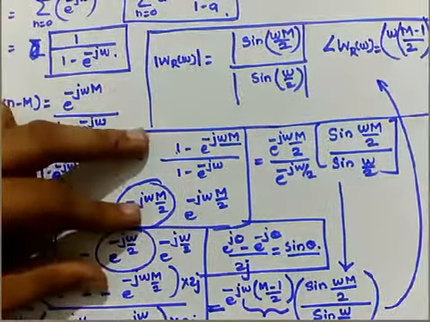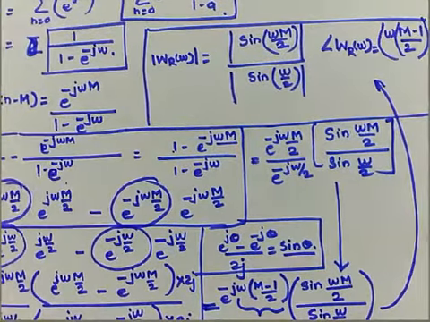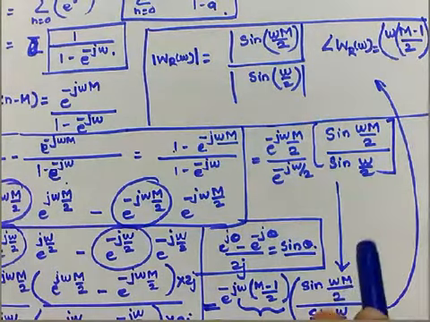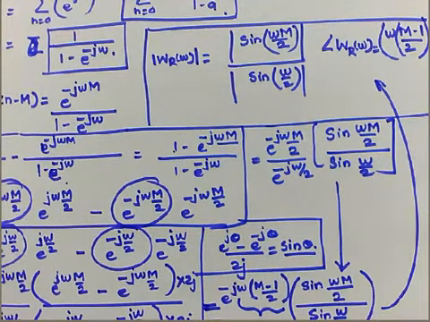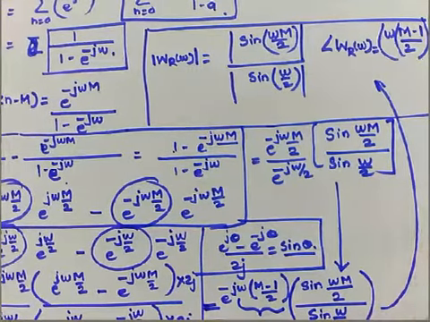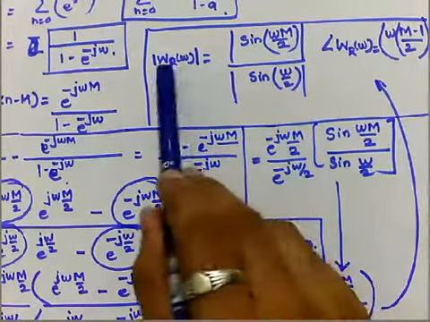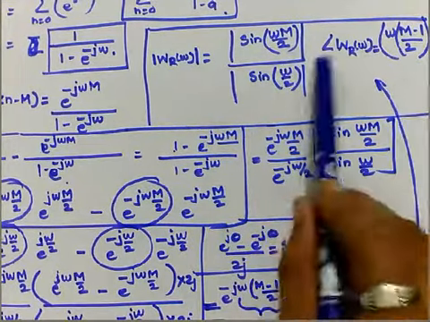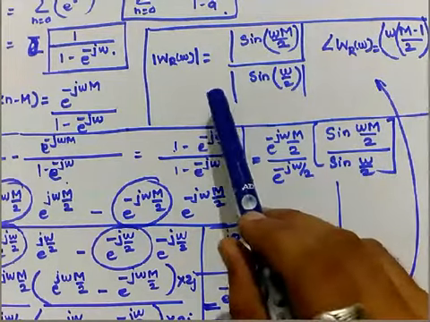So that is nothing but the phase of the rectangular window function, and it can be plotted as we have seen in the earlier way. So this is all about the discussion for the rectangular window function and how to get its magnitude as well as the phase response. Now this will be plotted as we have seen in the earlier case.